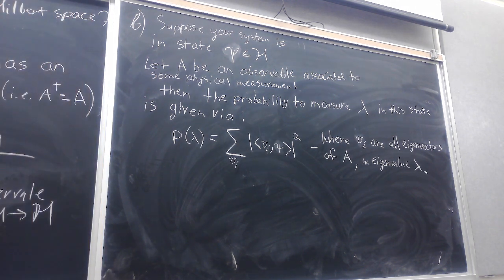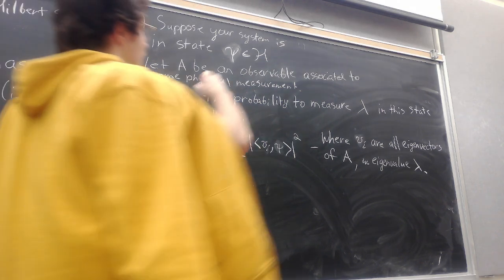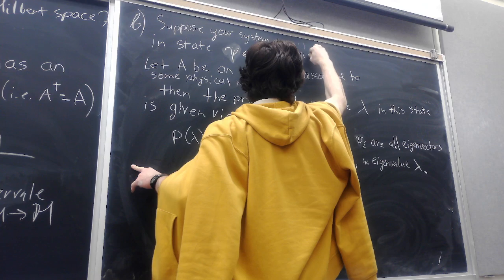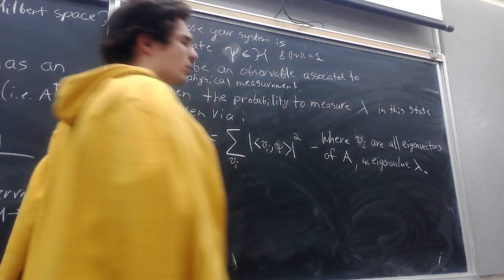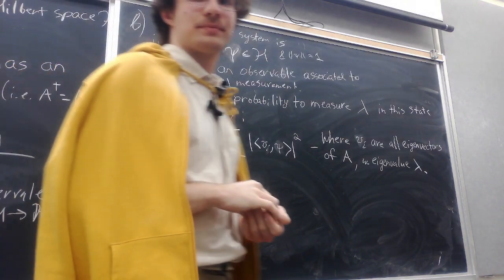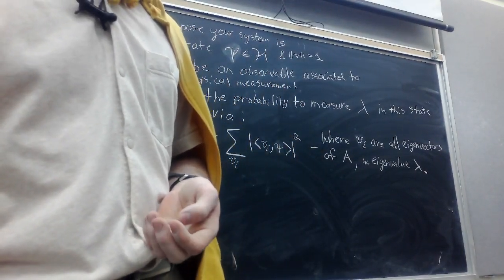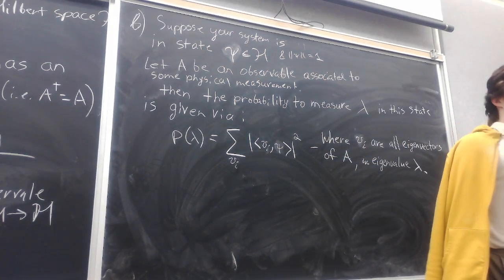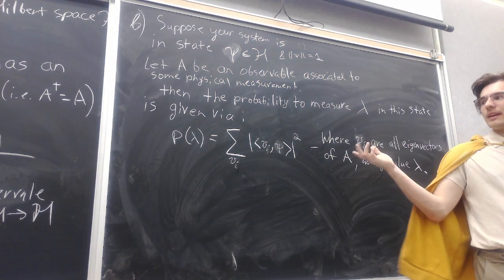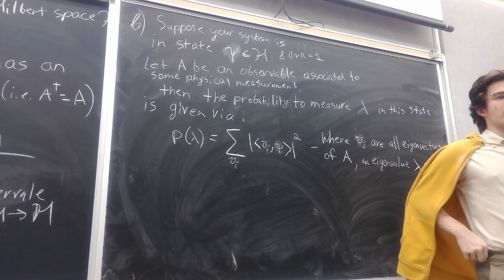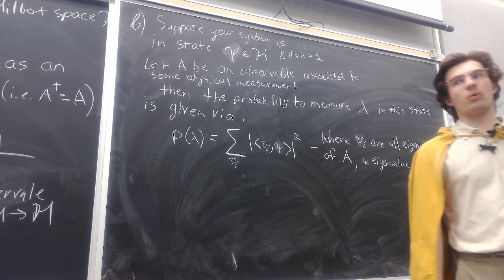I forgot to mention an important thing. The norm of psi is equal to 1. We will always look at normalized states, and we'll see why later. But it makes sense why you want a normalized state: probabilities are related to inner products.